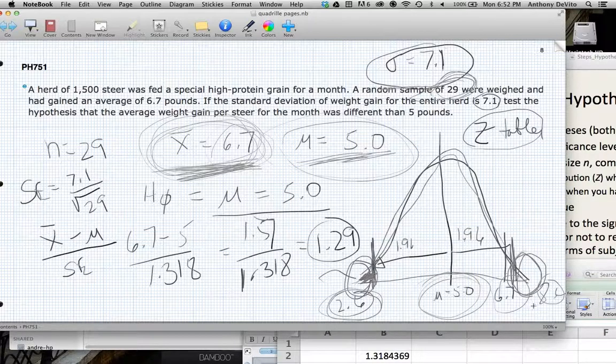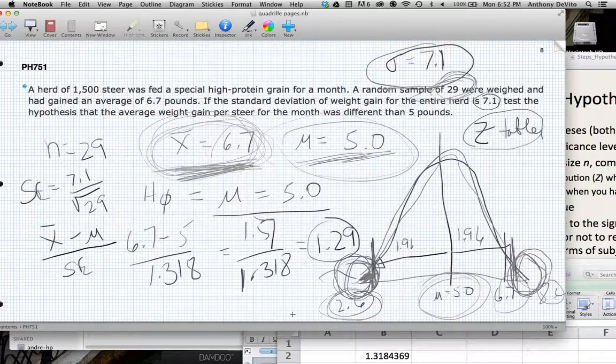And I would get a mean of 8.4 or higher only 2.5% of the time. So I would get a mean that different, 2 standard deviations different, or really 1.96 standard deviations different, only 5% of the time or less.